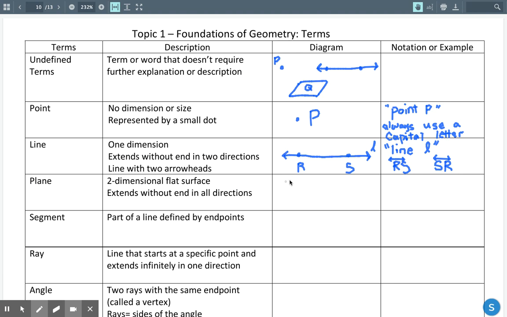So you could draw, I'm just going to draw another parallelogram. I extended it a little too far. So a plane has to have at least one point in it.